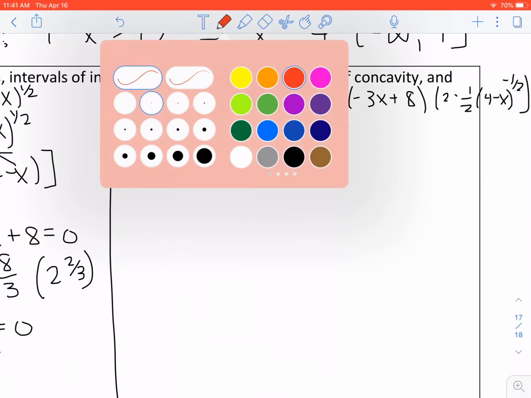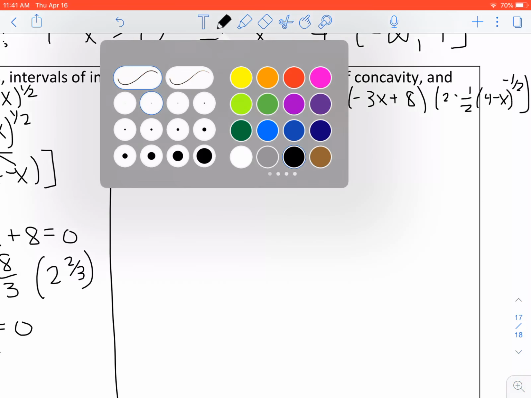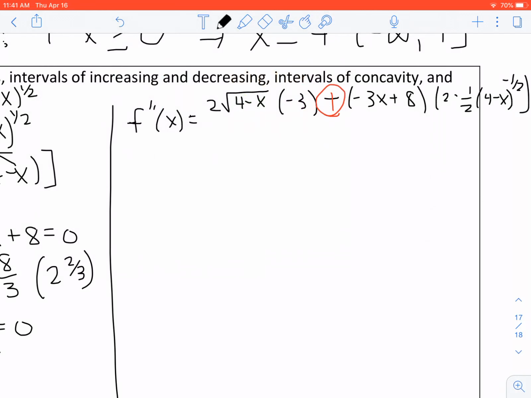And since I multiplied by that negative 1, I'm just going to move it out in the front and make that be a plus. So that got changed to being a plus because of multiplying by the chain rule and multiplying by the derivative of 4 minus x, which is negative 1. And I'm out of room to put it over there on the right. So all over the denominator, which is 2 square root of 4 minus x squared.